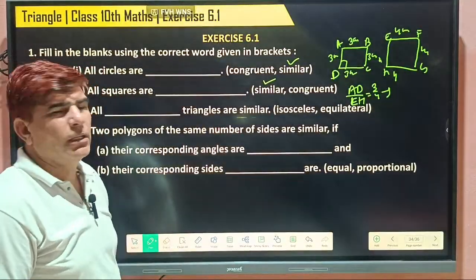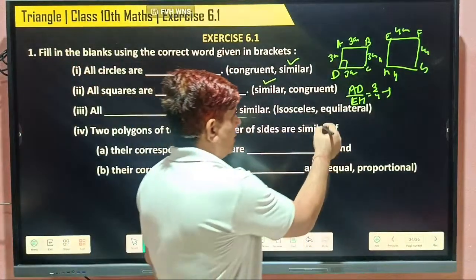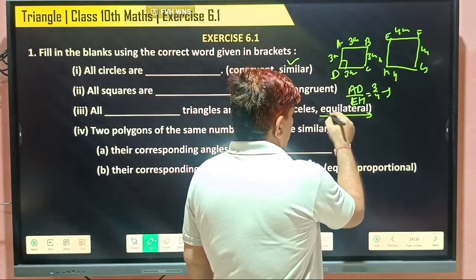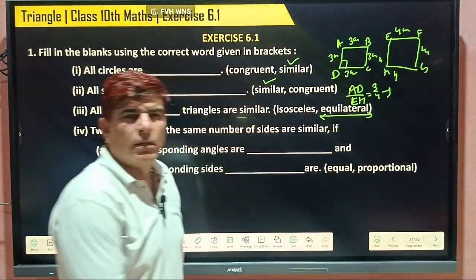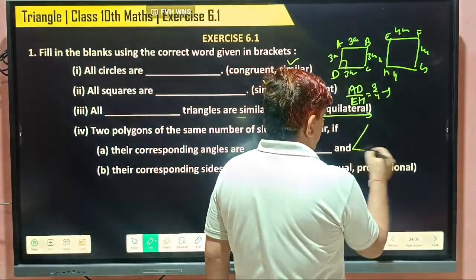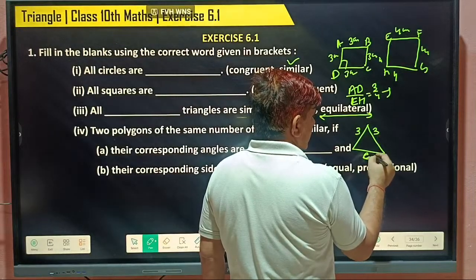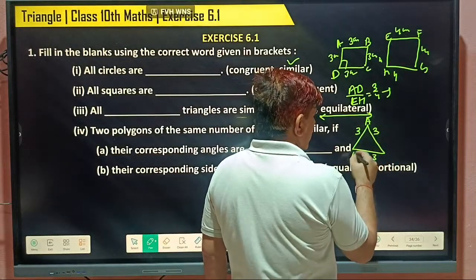All equilateral triangles are similar. All its sides are equal and each angle is equal to 60 degrees. One triangle we take like this: 3 centimeters, 3 centimeters, 3 centimeters, ABC.